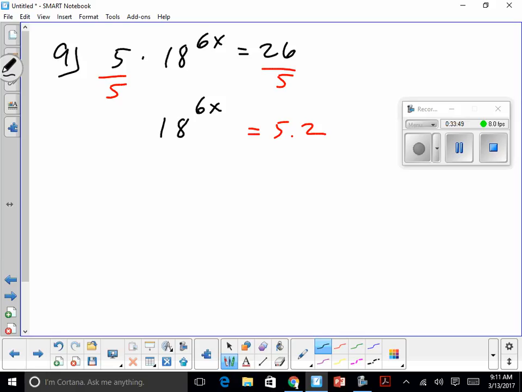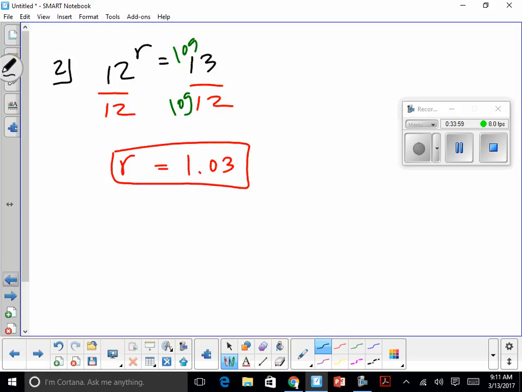We did the 12 on both sides. Then we did that little log thing. And it left us with just whatever the exponent was. In this case, it was just a big R. Whatever's on the other side, this part, some of you can probably do. So again, the 12 and the R is just like the 18 and the 6x.